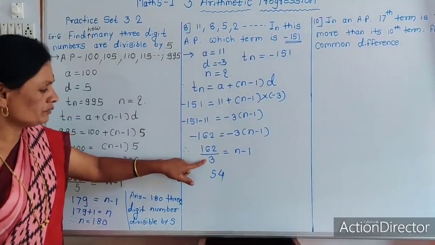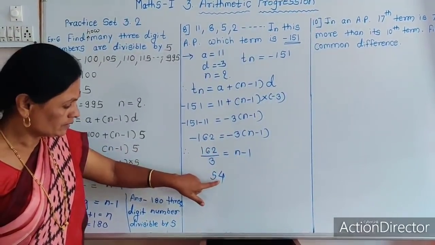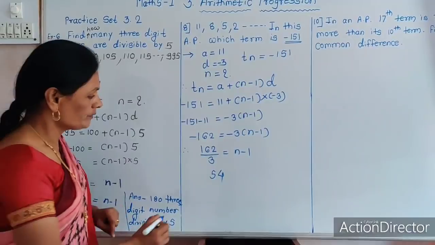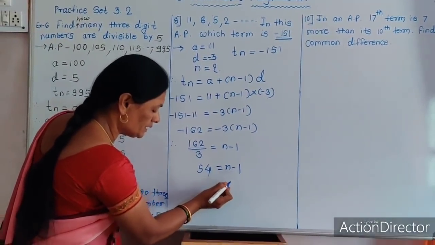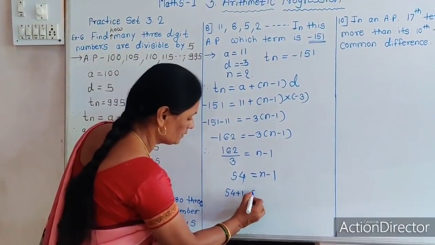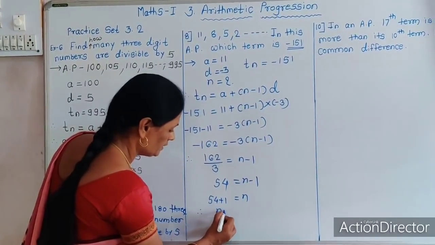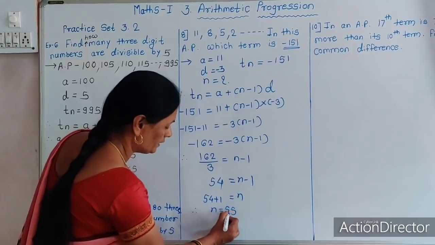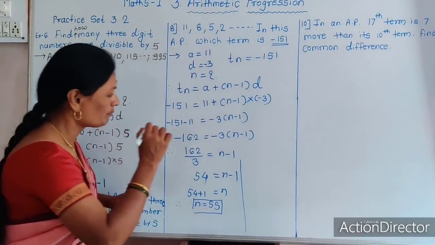After dividing, 3 fives are 15, remains 12, 3 fours are 12, so 54 is equal to n minus 1. Minus 1 becomes plus: 54 plus 1 is equal to n. Therefore, n is equal to 55.